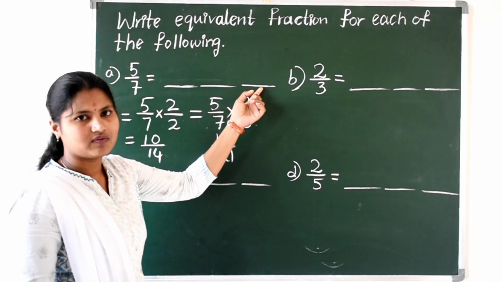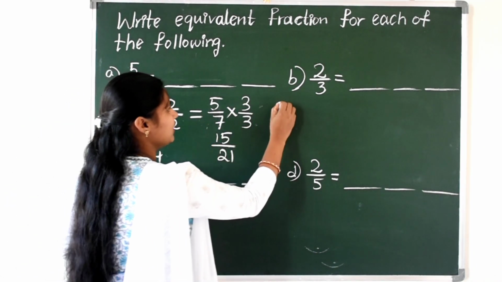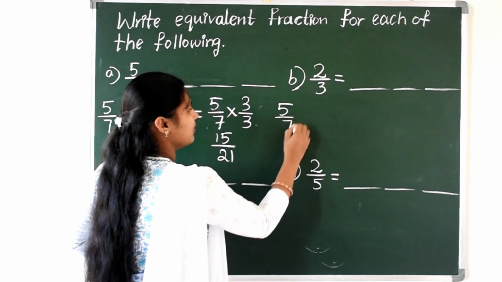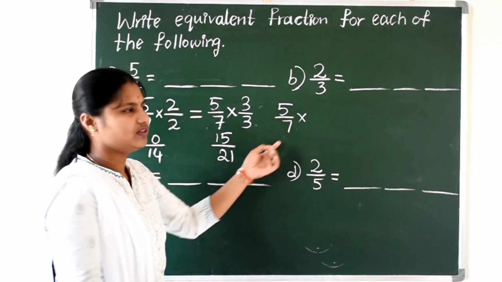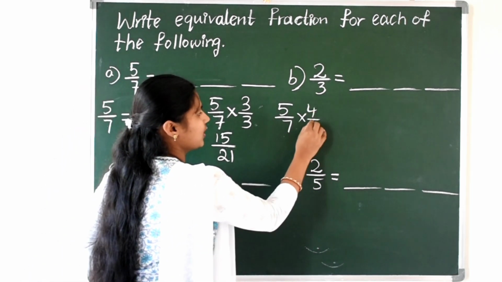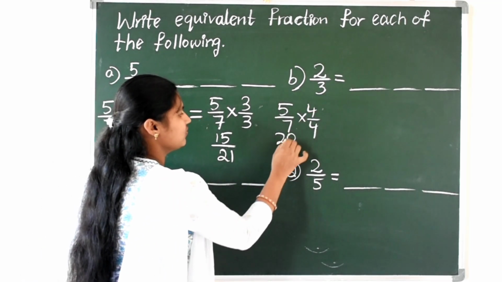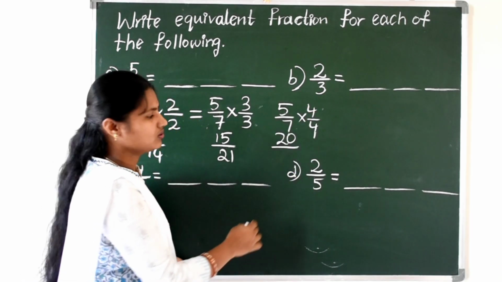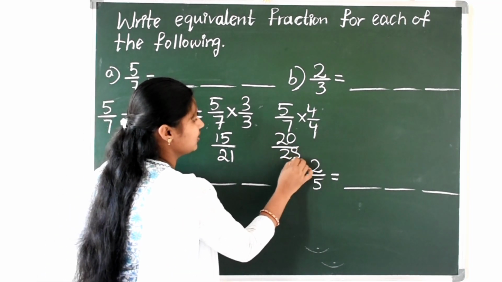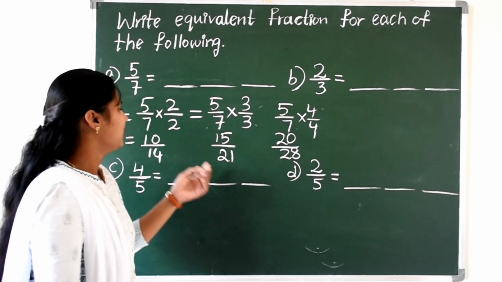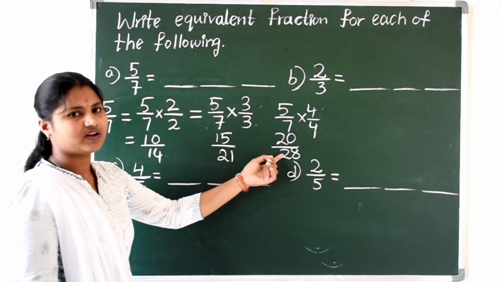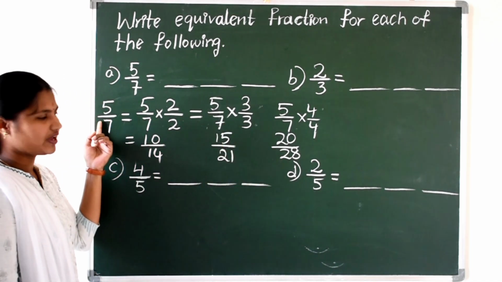We want one more equivalent fraction, right? So I multiply the given fraction with the number 4. 5 4's equal 20, and 7 4's equal 28.